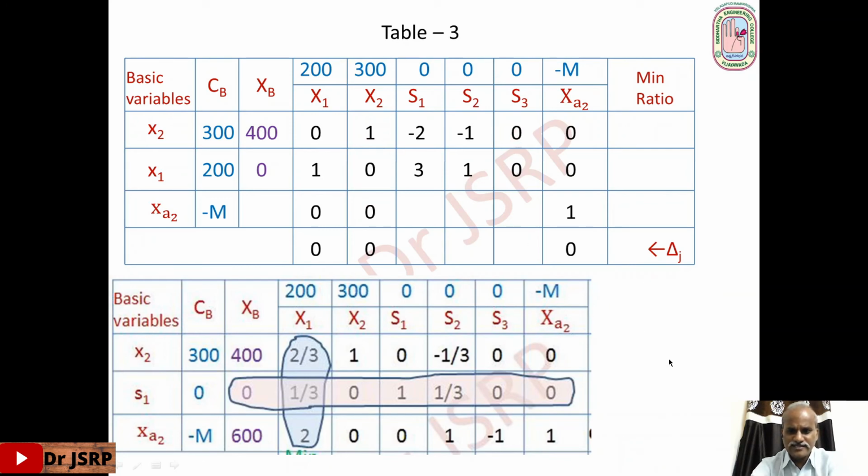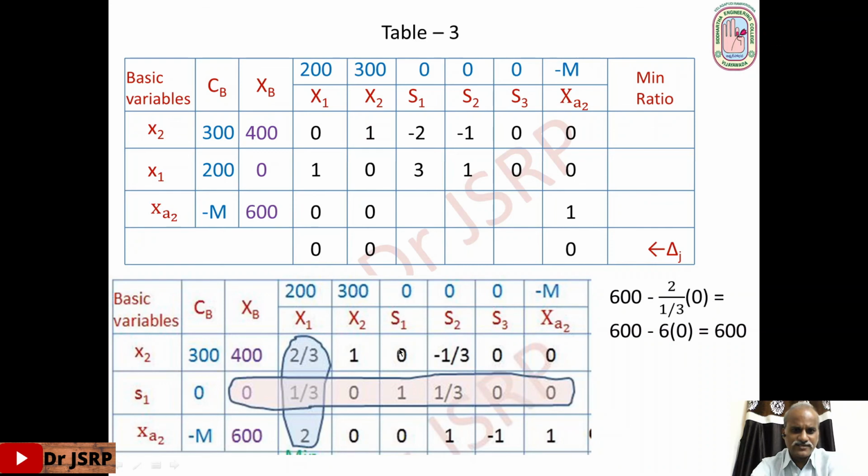Next, the third row calculation. Present value 600 minus 2 by 1 by 3, which is 6, into the pivot row element 0. That is 600. Observe that for this row calculation, minus 6 is fixed. You just replace this value and this value. So this is 600.